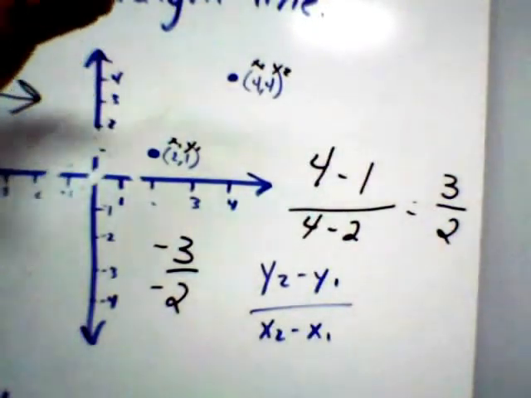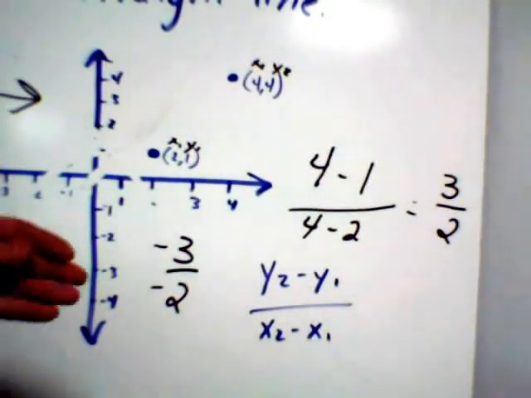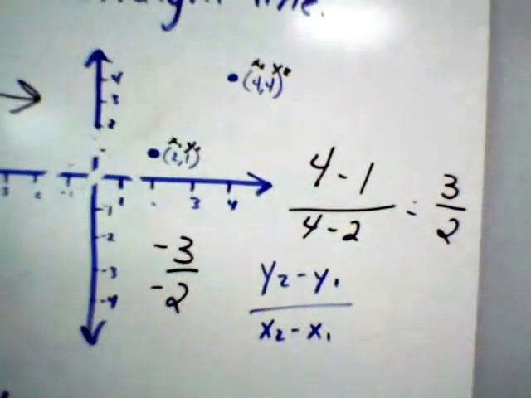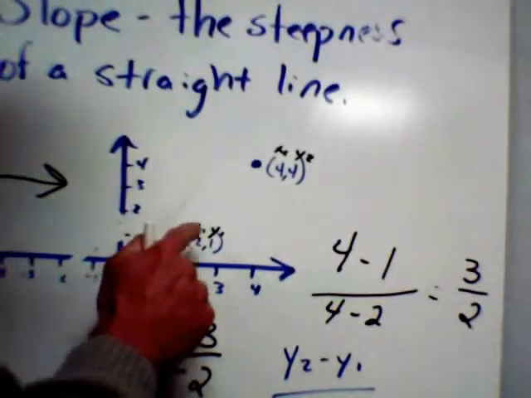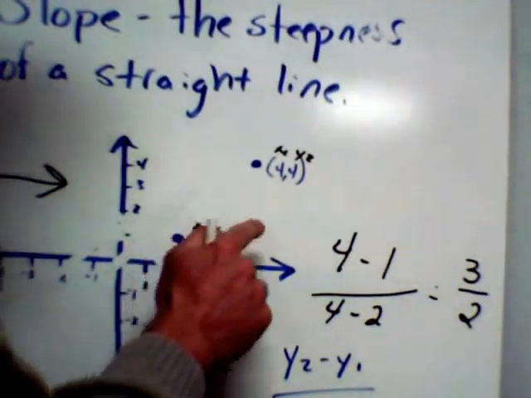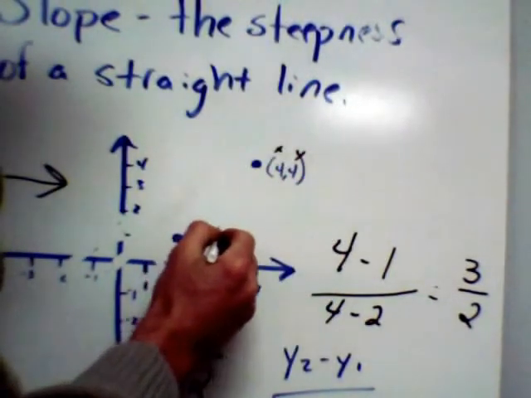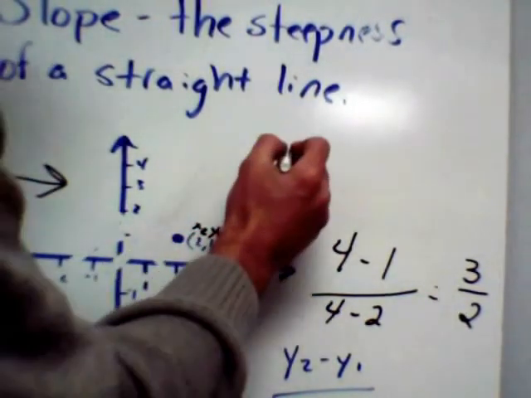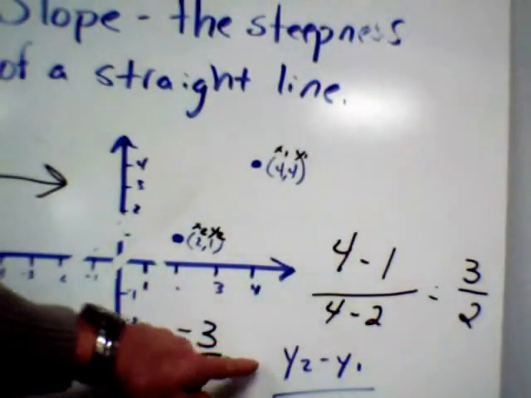Now, it doesn't matter which one you pick as x1 and x2 as long as you keep the 1's and the 2's paired together. Okay, so let's just say that I didn't want (2, 1) to be x1 and y1. I wanted it to be x2 and y2. And I wanted this to be x1 and y1. You still perform the same calculation.